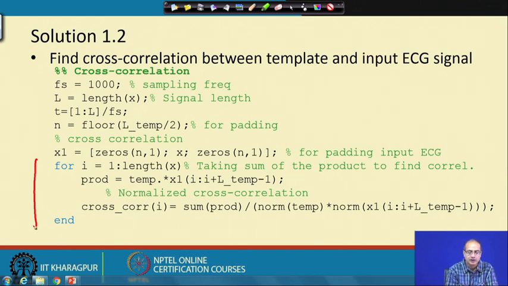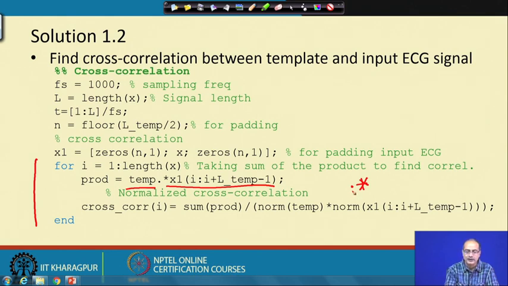For the length of the signal x, we are computing that. So, we are first taking the dot product of the template and the signal, and for the dot product please look at that symbol, dot into star. Okay. If you had given only star, it would have been multiplication of two vectors, so we would need to check the dimensionality, whether we can take the product in a meaningful way.